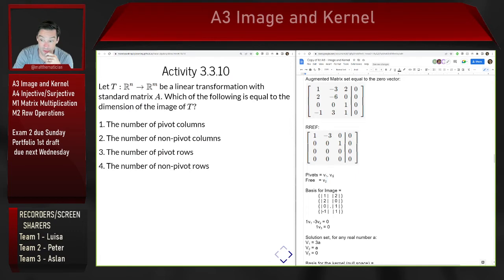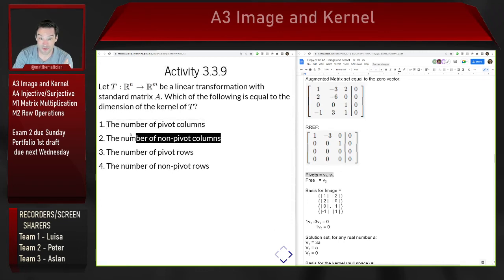Those were the columns that had the pivots in them instead of the columns that did not. So the dimension of the image of my transformation is controlled by the number of pivot columns. So if the number of pivot columns tells me the dimension of the image, and the number of non-pivot columns tells me the dimension of the kernel, what relationship ought to exist between the dimension of the image and the dimension of the kernel?